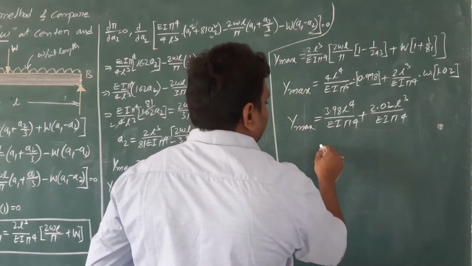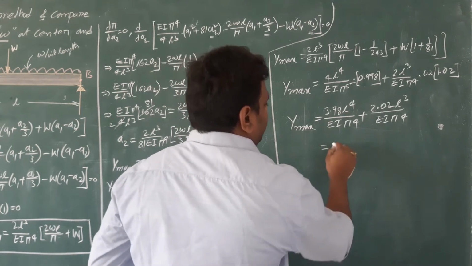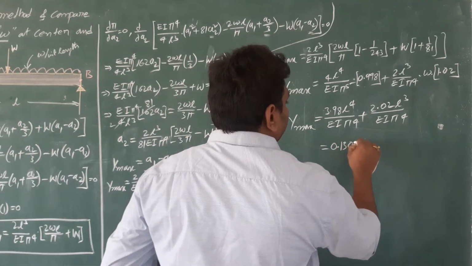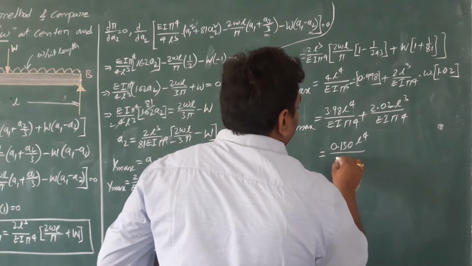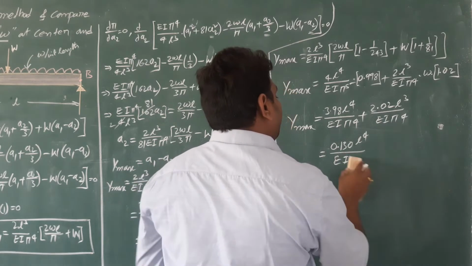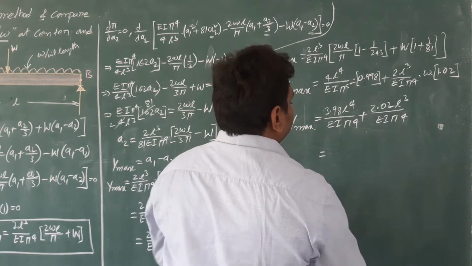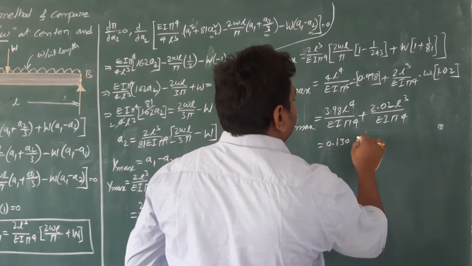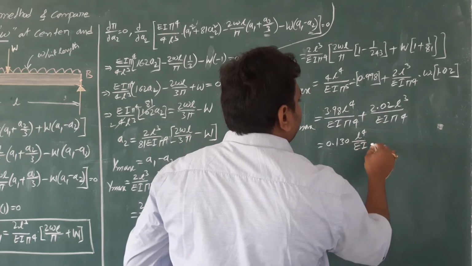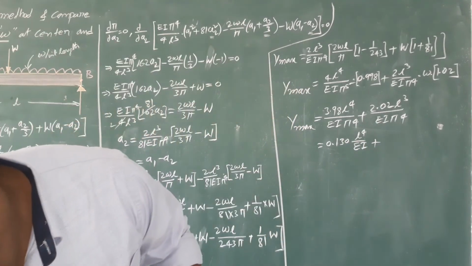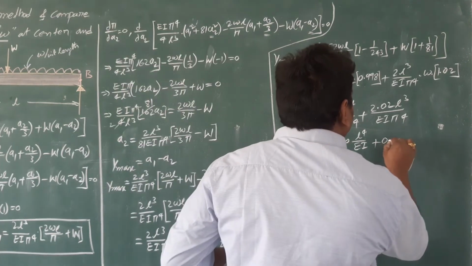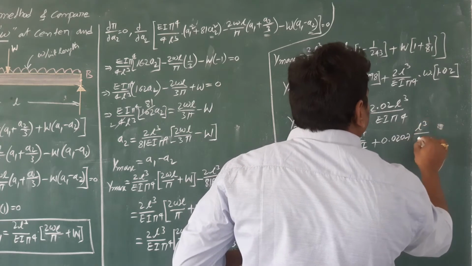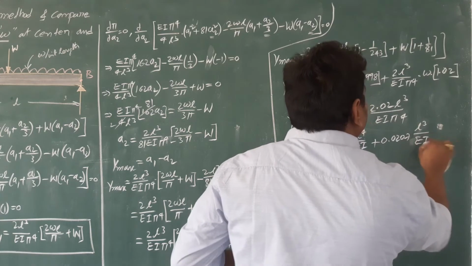After substituting the pi value, we got 0.0130 L power 4 by EI plus 0.0207 L cube divided by EI.